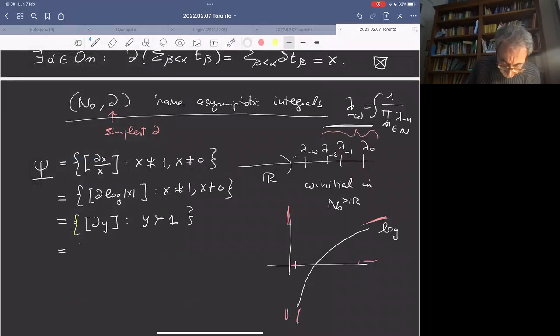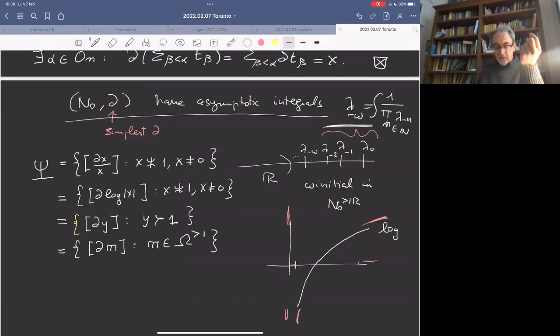Okay, you may just consider the infinite monomials rather than the infinite y's, because each element is in the same Archimedean class of a monomial, and taking derivatives respects the Archimedean classes. So if y is in the same Archimedean class of m, the derivative of y is in the same Archimedean class of the derivative of m. So it suffices to consider the monomials.